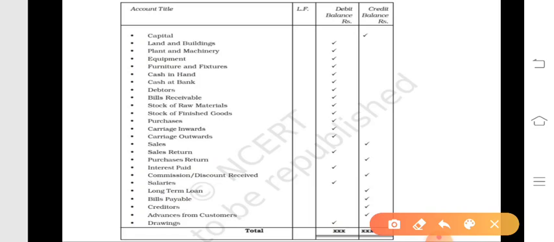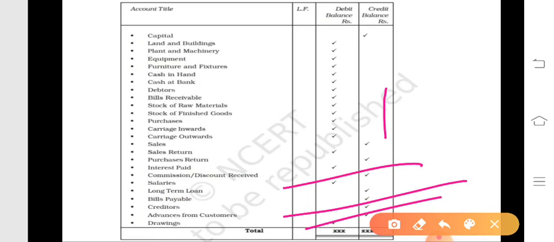Whatever has a credit balance will be written against the credit side. And at the end, you will have to check that your debit and credit tally. That means both the sides are equal. And then only you can say that your trial balance is correct, as we already have discussed.